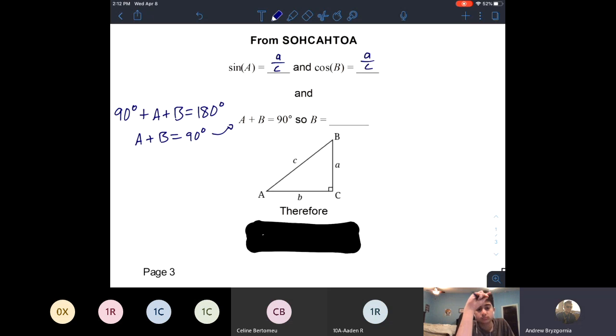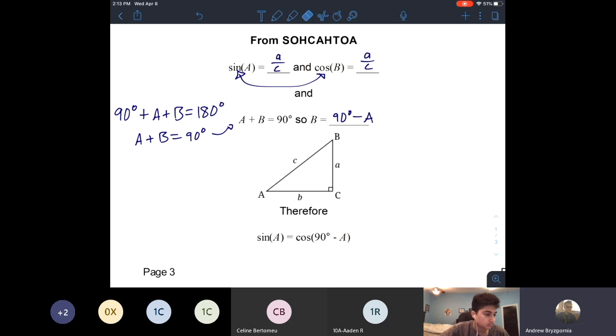So if we then rewrite this equation here and we solve for B, that means that we're going to subtract A from both sides, and that leaves us with B equals 90 minus A. Now, up at the top, we have sine of A is equal to A over C. Cosine of B is equal to A over C. But we've now said that B is the same thing as 90 minus A. So therefore, we can now take these two things and write that they're equal to each other by using the same angle.